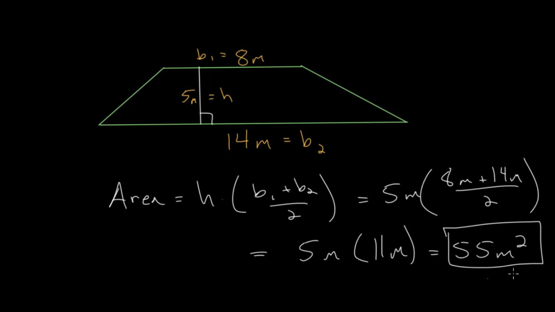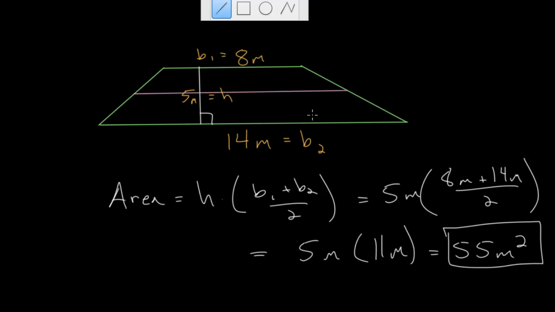So a way to interpret this formula is that when we found the average of the bases, basically we transform this shape into a rectangle. Since when you're finding the average of the bases, you're finding the line that's parallel to the bases that goes right through the middle of the trapezoid.